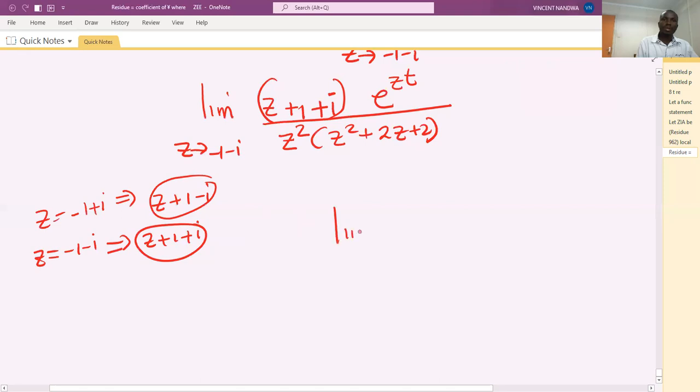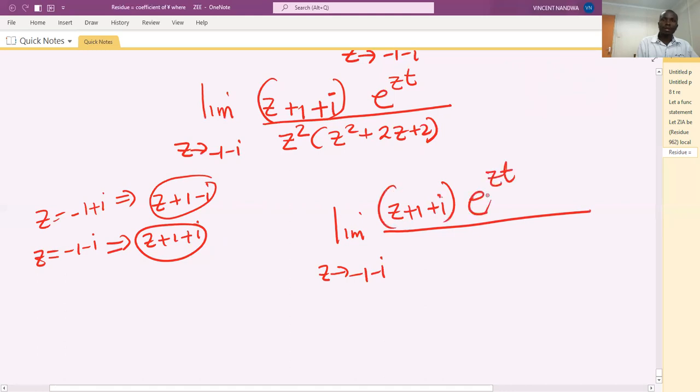So we can write the limit as z approaches -1 minus i of (z plus 1 plus i) e raised to the power zt over z squared times (z plus 1 minus i)(z plus 1 plus i).